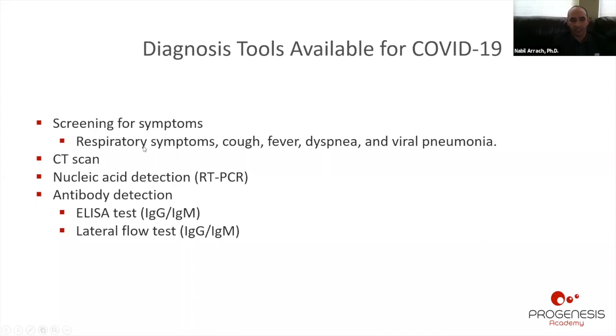Just to give you an idea, that is a quite relevant screening method. And the CT scan is used as a way of diagnosis. Then you have the RT-PCR, and you have the antibody testing. And within the antibody testing, we have the rapid test, and we have the ELISA test.